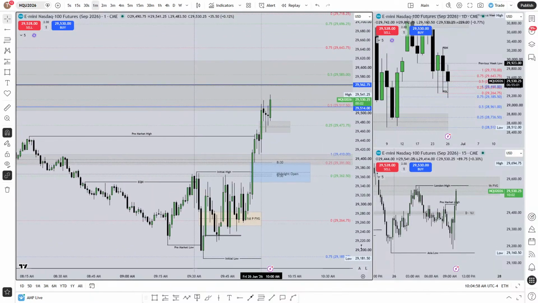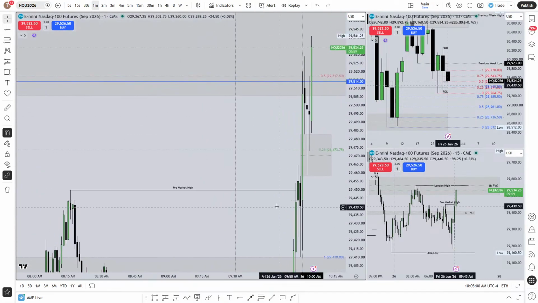Look how perfectly it hit that lower quadrant right there.